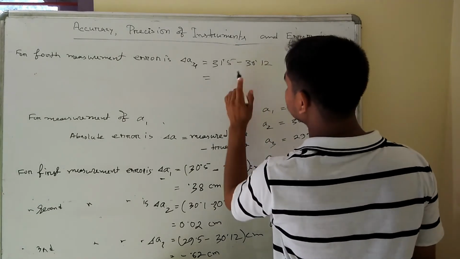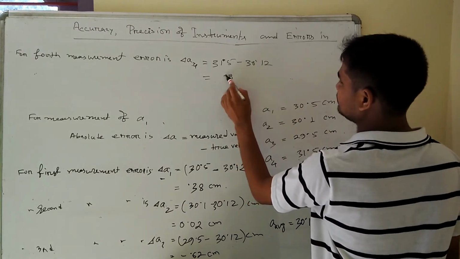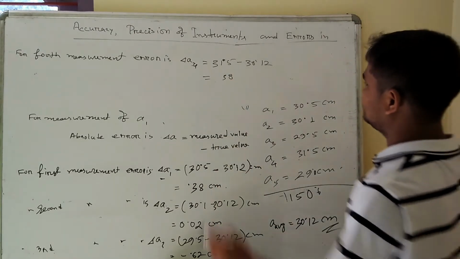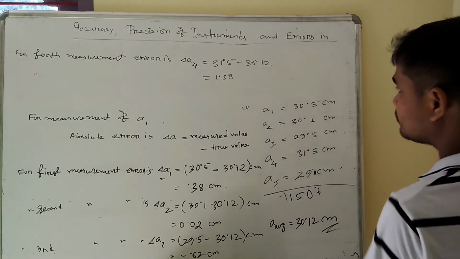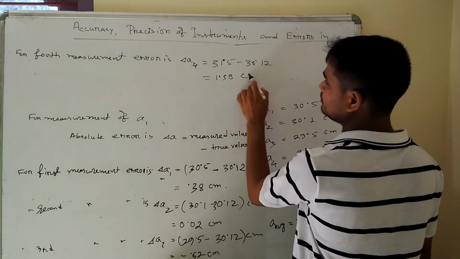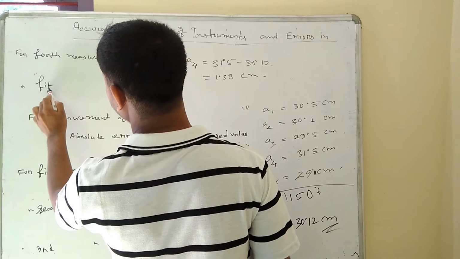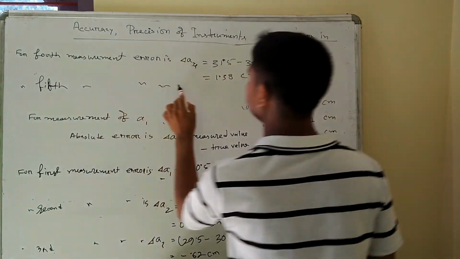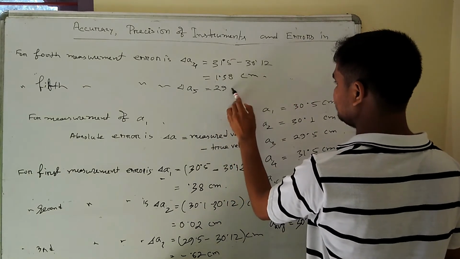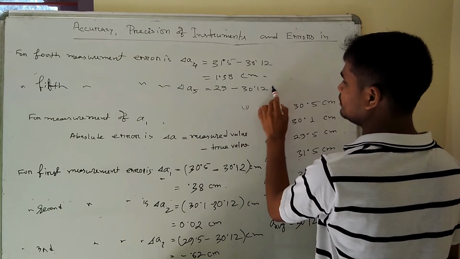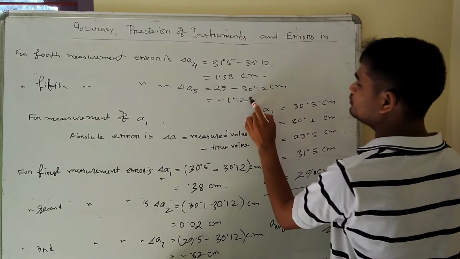Its value is 1.38. Okay. For the fifth measurement, the error is delta A5, which is equal to 29 minus 30.12 centimeter. Its value is minus 1.12 centimeter.